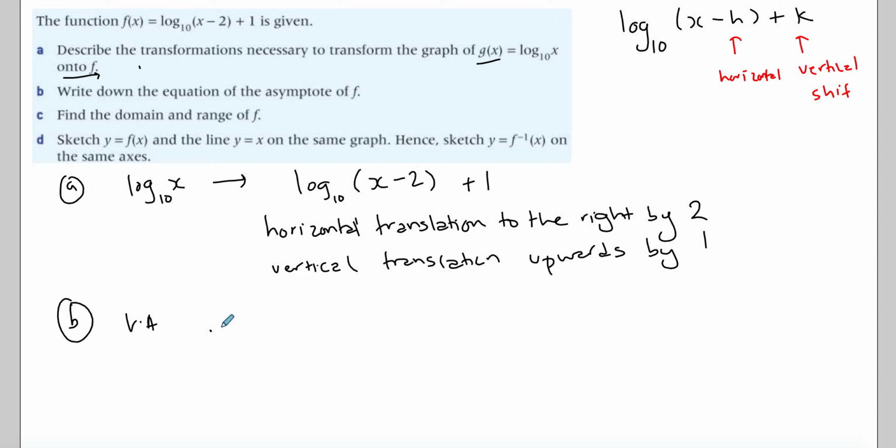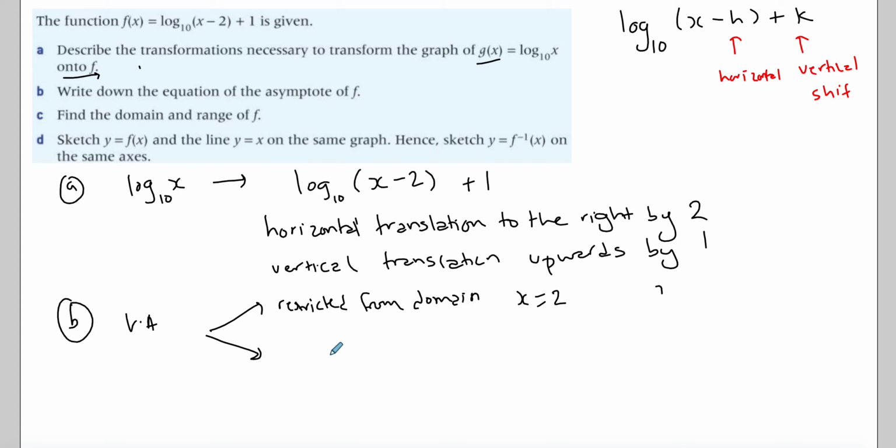So we can think about it two ways. One, the vertical asymptote is everything that is restricted from the domain. And if you try to plug in a few values in here, you'll notice that x equals 2 would give you an error, which means the vertical asymptote is x equals 2.